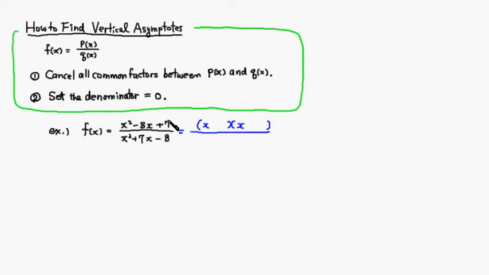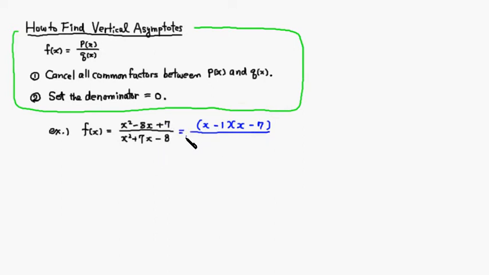To get 7, it's got to be 1 and 7, so 1 here and 7 there. Then to get negative 8, we need a negative sign here and also a negative sign there. The sum of negative 1 and negative 7 is negative 8, and the product of negative 1 and negative 7 is positive 7.